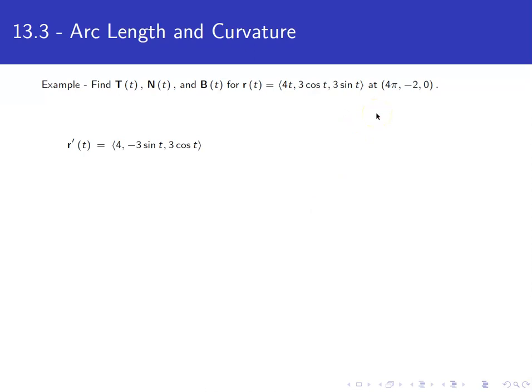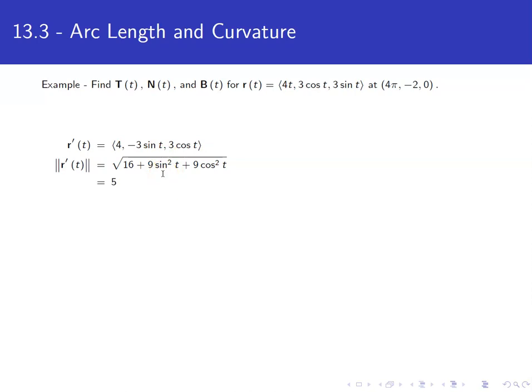All right, so to find these, we'll have to first find the unit tangent vector, take its derivative, scale it to 1 to find the unit normal, and then take a cross product. So here's the derivative of the vector valued function. You can check that. Here's how we would calculate the magnitude.